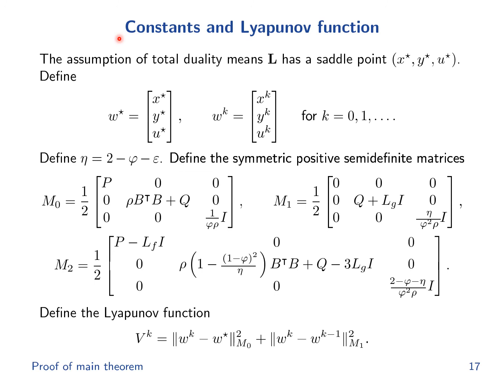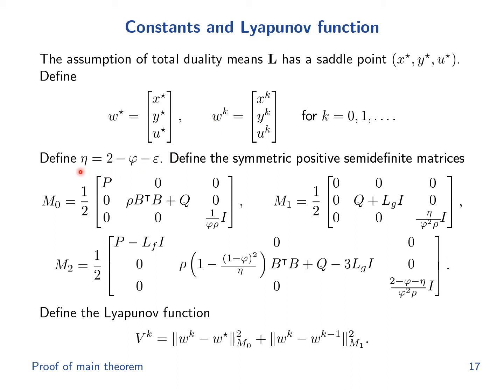Let us define the constants and the Lyapunov function used in the proof. Recall we assume strong duality, which means the Lagrangian L has a saddle point x star, y star, u star, and concatenate them into vector w star, and also concatenate the iterates xk, yk, uk into wk.